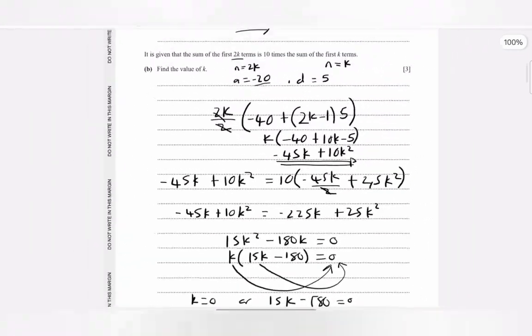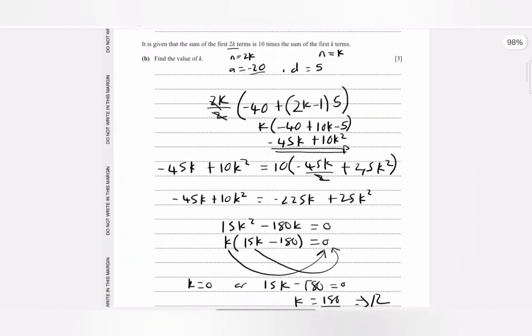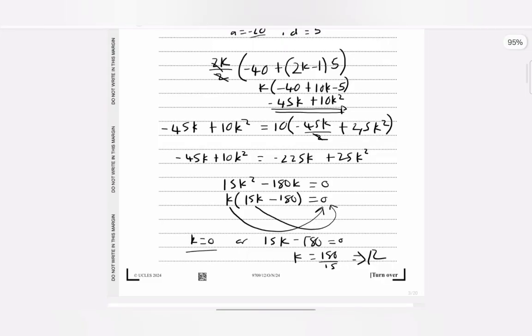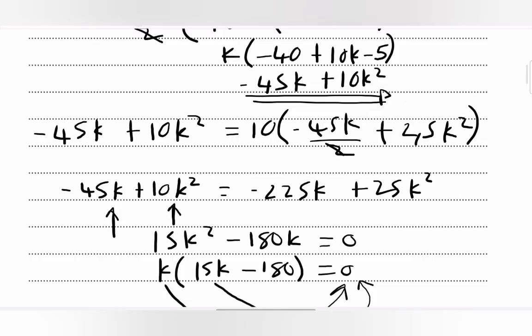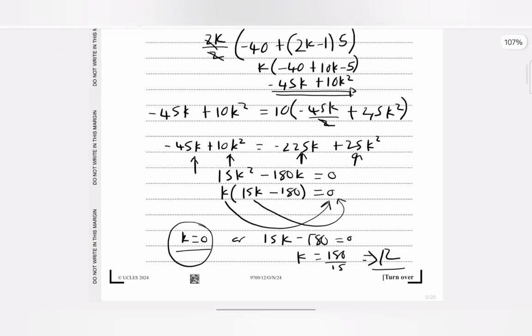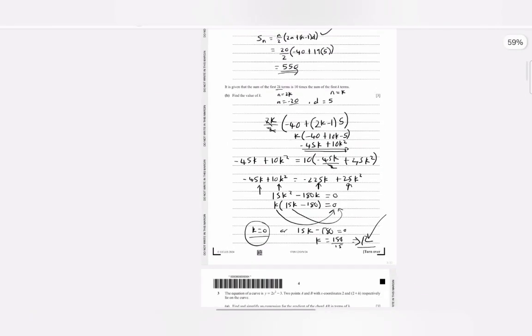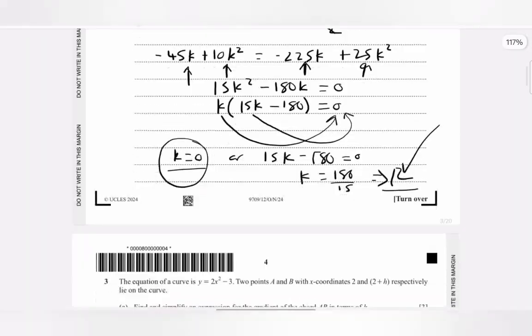So you can see it said find the value of k, and we have 0 and 12. We cannot take 0 because if we take it, this will be 0, this will be 0, this and this, so everything will be equal to 0. So we're only going to take our k to be 12 for those 3 marks.